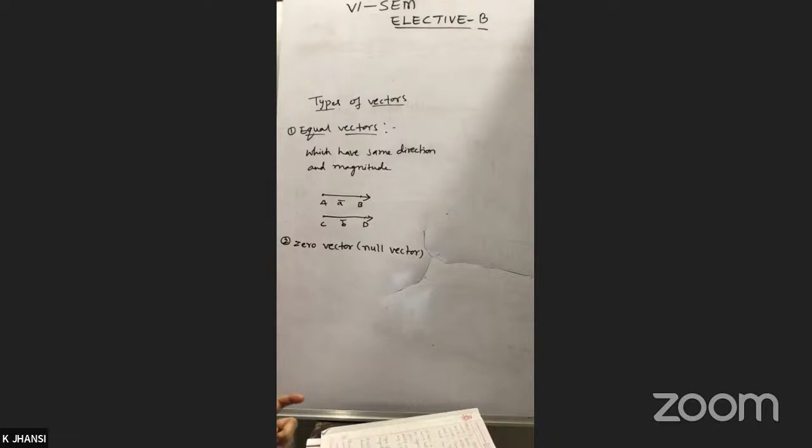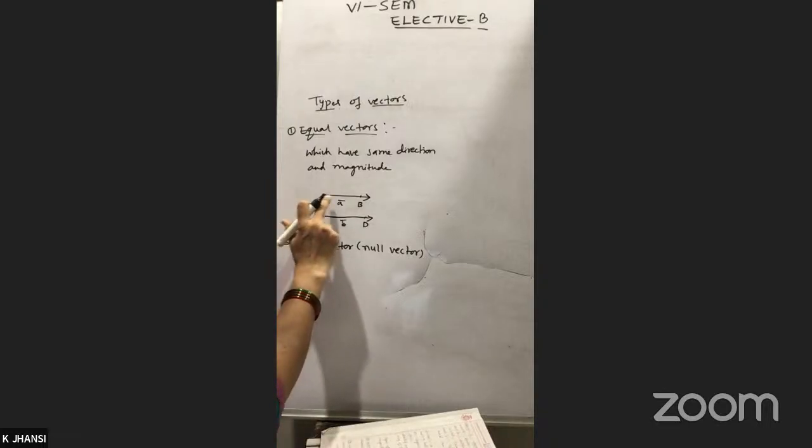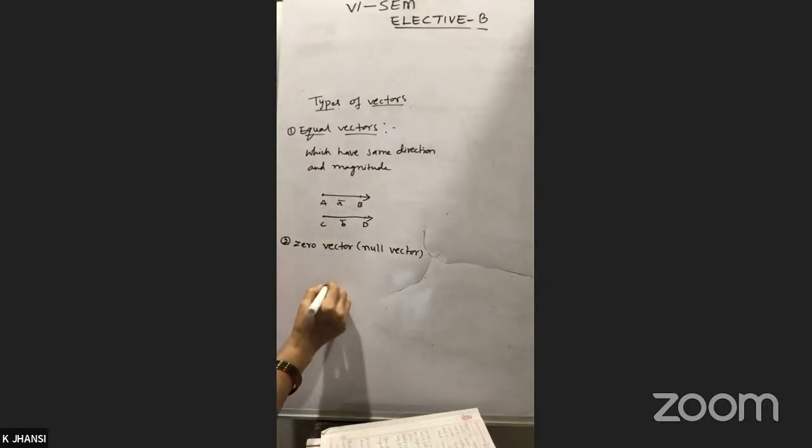The length is zero, so it is just a point, the point A. It has zero magnitude.